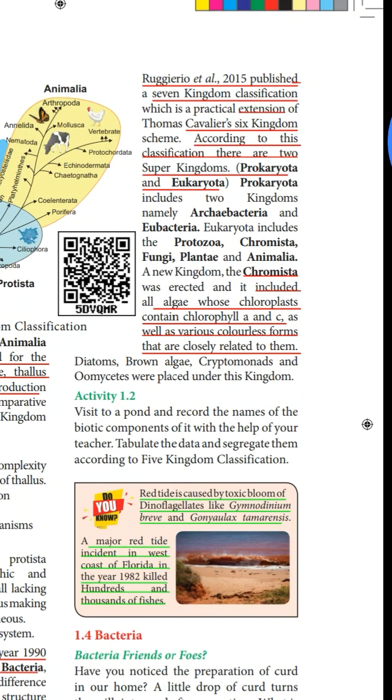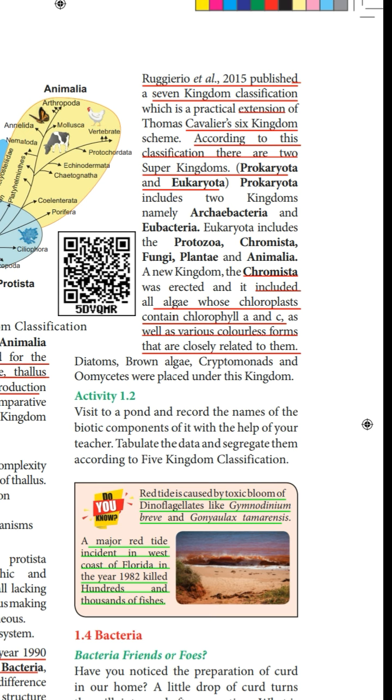Recently, Ruggiero et al. 2015 published a 7 kingdom classification, which is a practical extension of Thomas Cavalier-Smith's 6 kingdom scheme. So from the 5 kingdom classification we got the 6 kingdom classification, and the 6 kingdom classification was further classified into 7 kingdoms. According to this classification there are 2 super kingdoms, prokaryota and eukaryota.